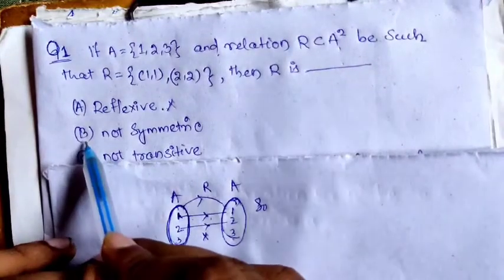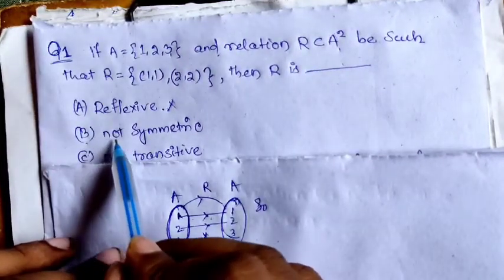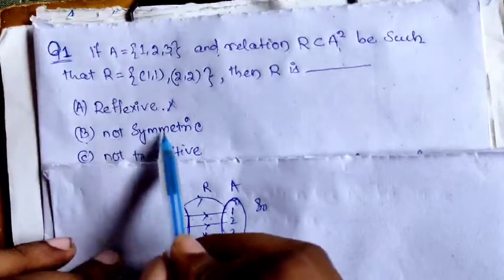Now come to the second option, that is B, which tells us that it is not symmetric.